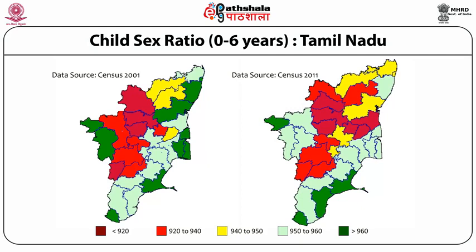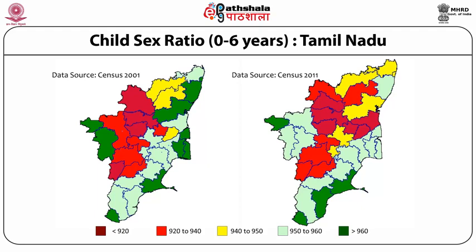Now we look at Tamil Nadu, one of the biggest states of South India. Till 81 the ratios in Tamil Nadu were good, but in 91 there were some declines, and by 2001, right from the top in Dharmapuri all the way down to Theni, it started declining.